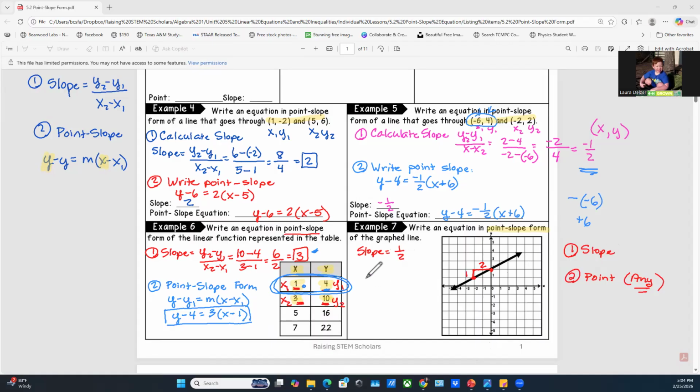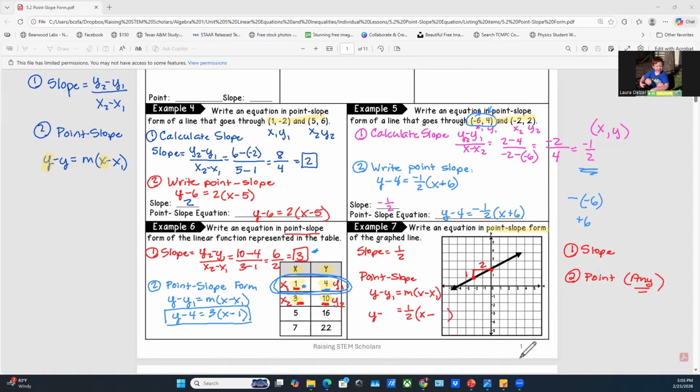And then my equation, my point slope form, I'm going to take y minus y1 equals m times x minus x1. My m is this 1/2. So I'm going to write that down. x minus, we'll leave that blank. And then y minus, and we'll leave that blank.